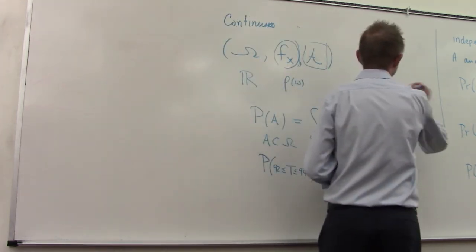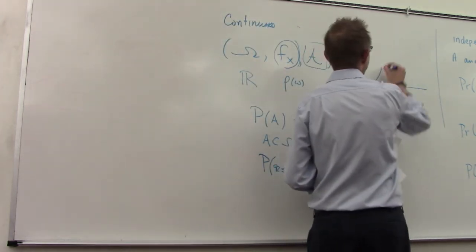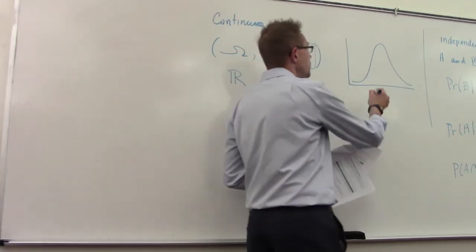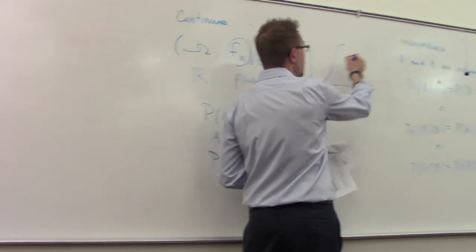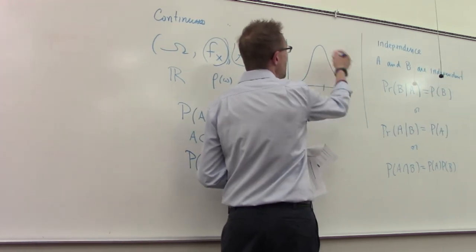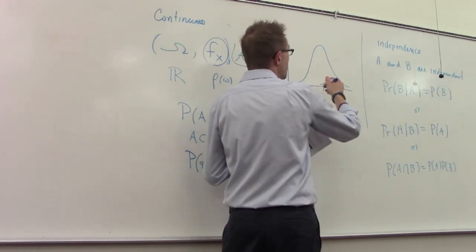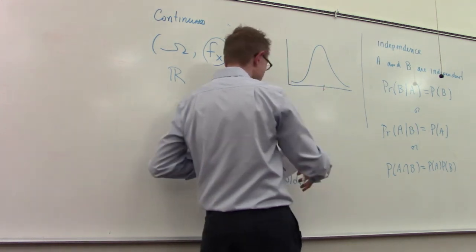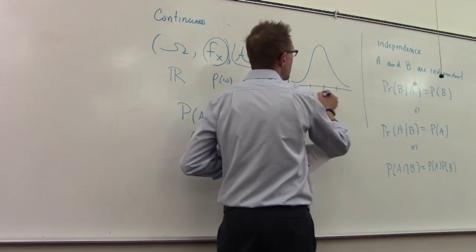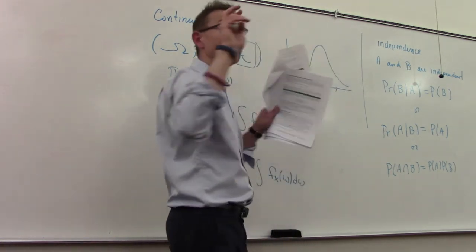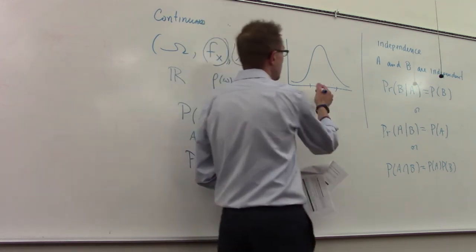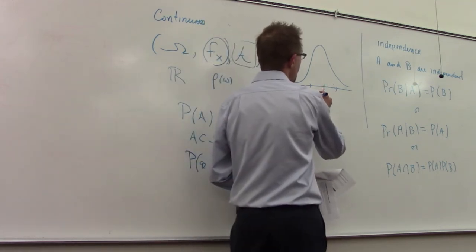We'll often doodle it like this, and you've probably seen this, the normal distribution. It has an exponential shape, and the probability of something is the integral. For instance, if I said that it was normally distributed, with this shape between 92 and 94.